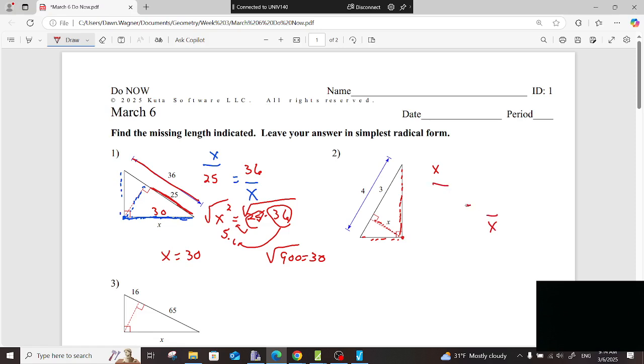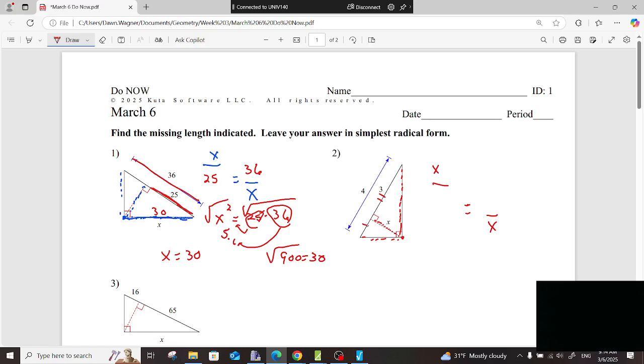Now, when it's on the inside, you are going to use the two pieces of the hypotenuse because you're going to be comparing the little baby bear triangle and the mama bear triangle. On this triangle, X is the longer leg, but in the mama bear, it's the shorter leg, right? So I need to compare these two pieces.